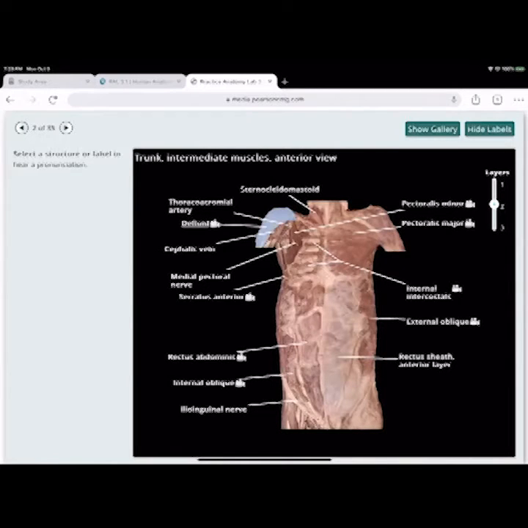The deltoid muscle, cephalic vein, the medial pectoral nerve, your serratus anteriors along the side, the rectus abdominis. Those control your six-pack. Your internal oblique, the muscles at an angle there, and your ilioinguinal nerve that runs down the side.